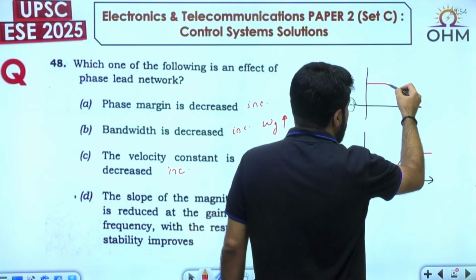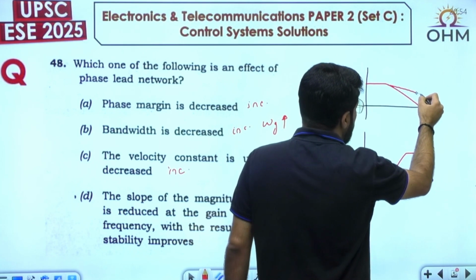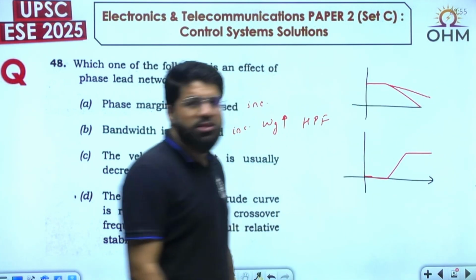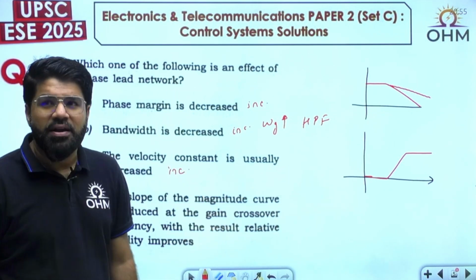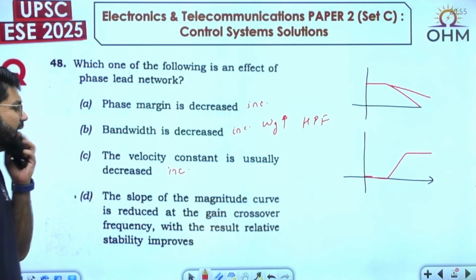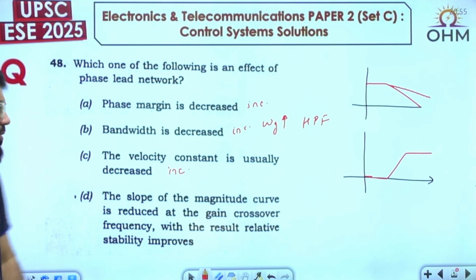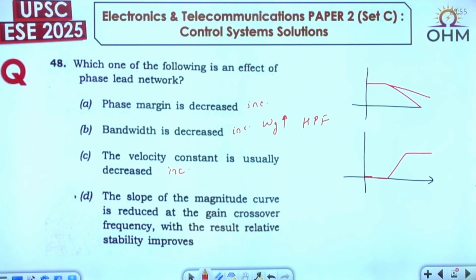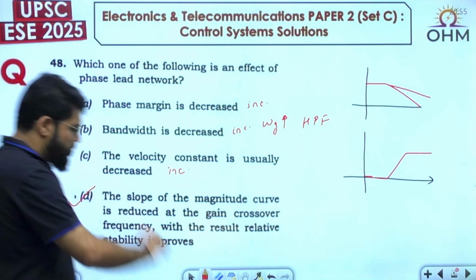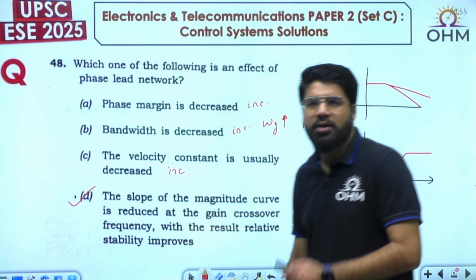If this was the original slope, after a particular point it's going to deviate this way. In terms of value it usually increases, but in terms of the magnitude of the slope, it is reduced. So the slope of the magnitude curve is reduced near the gain crossover frequency, and relative stability improves. This is the correct option here.